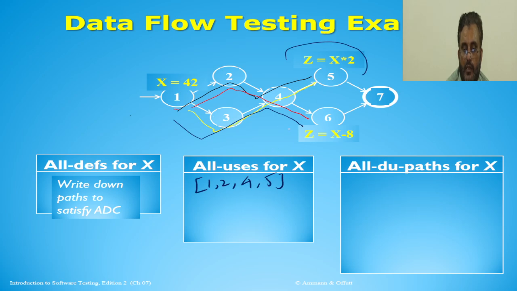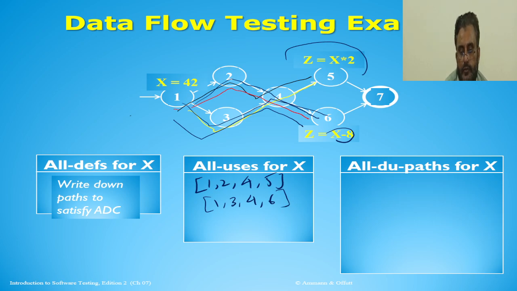Similarly, now I want to cover this use of x. I have 2 possibilities. Either I take this path 1, 2, 4, 6, or I take this path 1, 3, 4, 6. I can write any one of these. Let's say we write 1, 3, 4, and 6. So this is enough for all uses coverage.